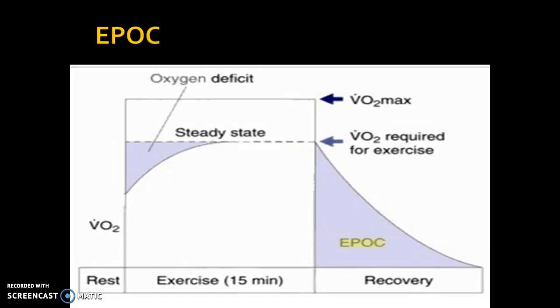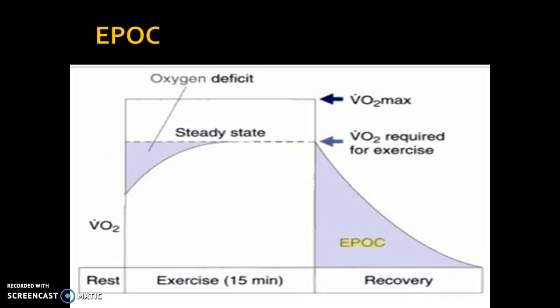Now, EPOC is the recovery period where the body needs oxygen to replenish energy sources, restore body systems and repair damage caused by exercise. In maximal exercise, EPOC and O2 deficit are both much larger than they are in steady state, and this is because the body is working anaerobically for longer, which means that the O2 deficit will be greater to start with.